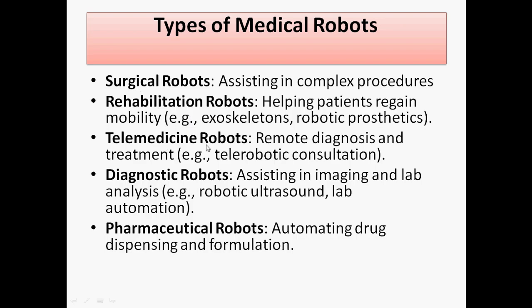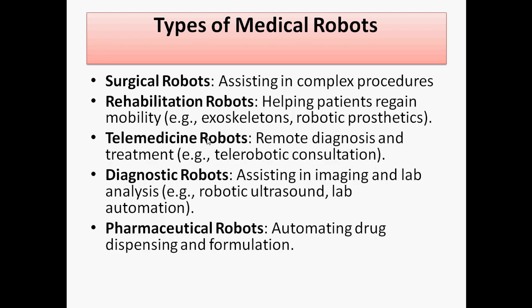The next is telemedicine robots. In that case, diagnosis and treatment can be carried out remotely. That is called telemedicine robots. The next is diagnostics robots. Nowadays diagnosis is required in a fast manner, getting results quickly and finding the exact diagnosis, which is helped by diagnostics robots.